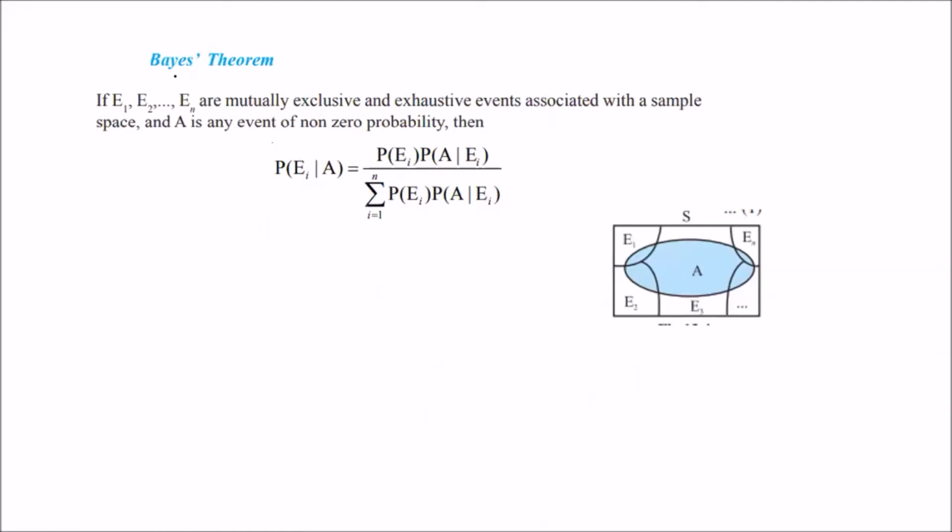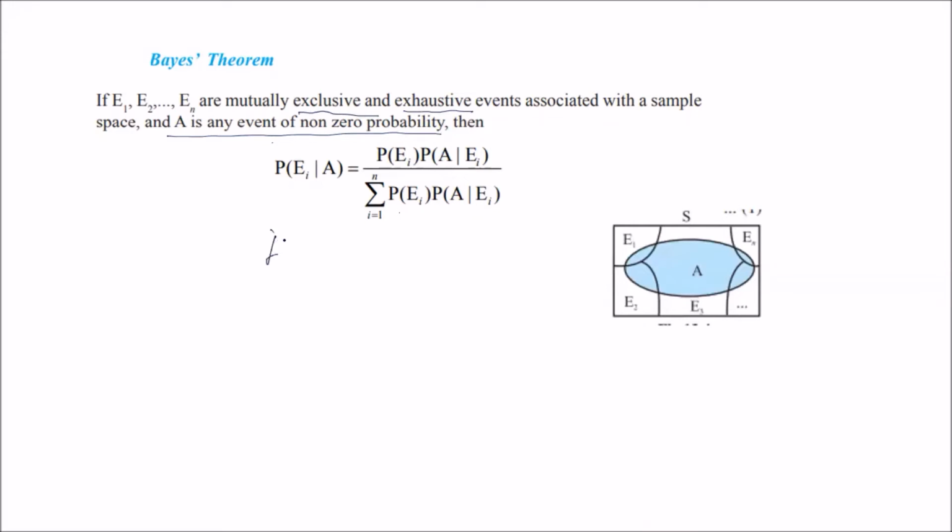So stating the theorem again, if E1, E2, ..., En are mutually exclusive and exhaustive, which means their sum is S, and mutually exclusive means their intersection is the empty set, associated with the sample space, and A is any event with non-zero probability, P(A) is not zero, then we can write P(Ej|A) = P(Ej) P(A|Ej) divided by the sum over j of P(Ej) P(A|Ej).